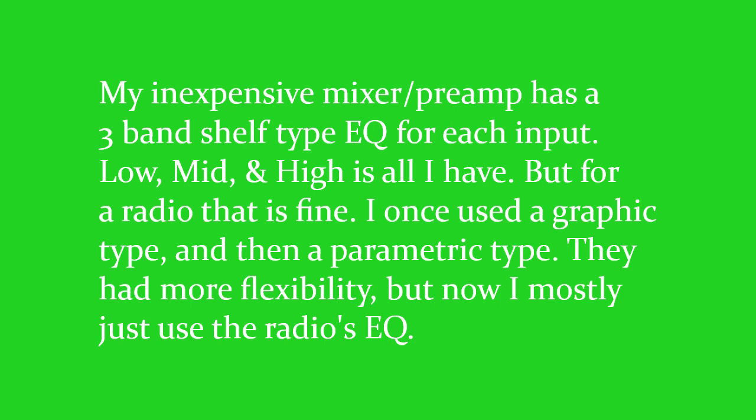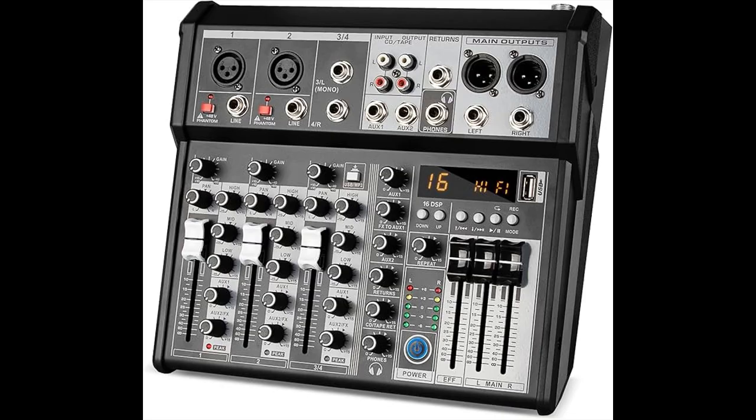Set to 3. 1, 2, 3. End of test. Radio equalization is set to 4. Set to 4. 1, 2, 3. End of test. This is the radio with post equalization. Post equalization. There is no EQing in the radio. It is strictly done by separate equipment. Testing 1, 2, 3, 4.